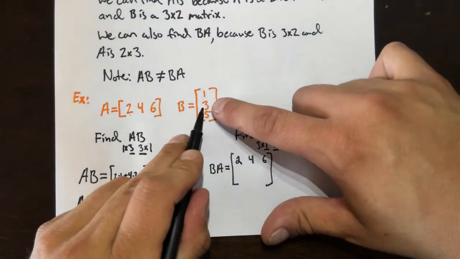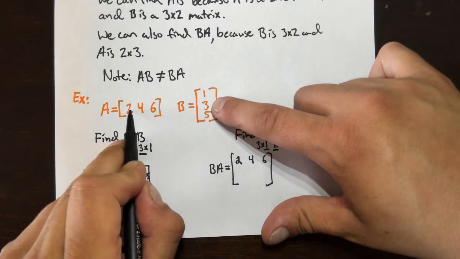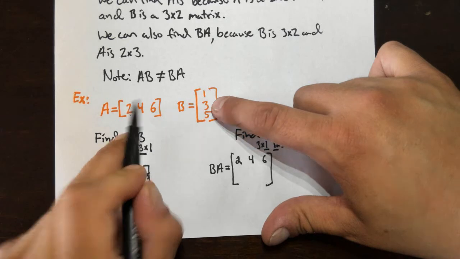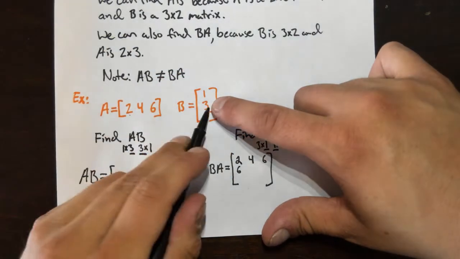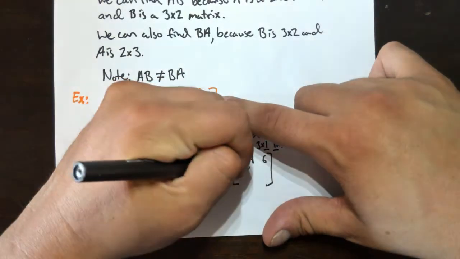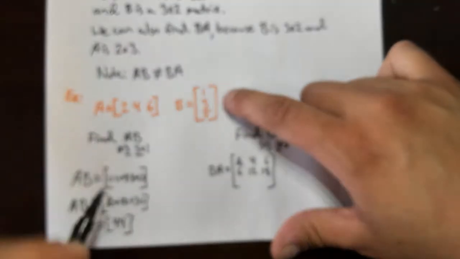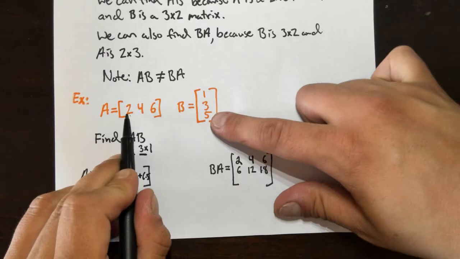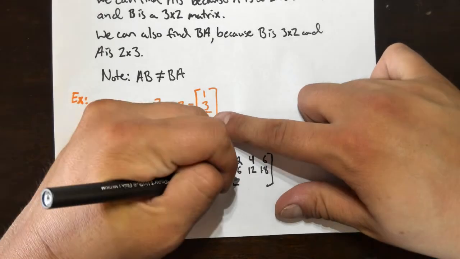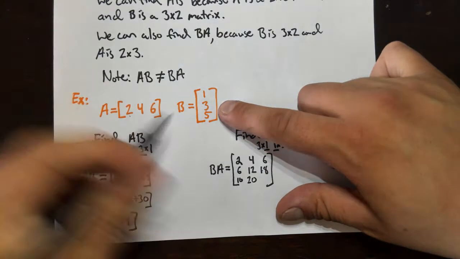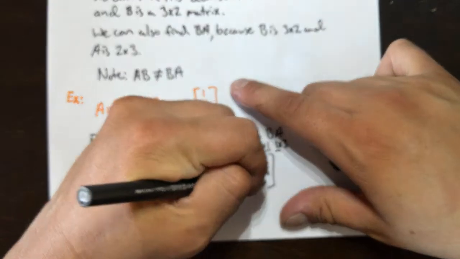Then we go to the second row and multiply by each column in the second one. So 3 times 2 is 6. 3 times 4 is 12. 3 times 6 is 18. And then finally do it with the last one. 5 times 2 is 10. 5 times 4 is 20. And 5 times 6 is 30.